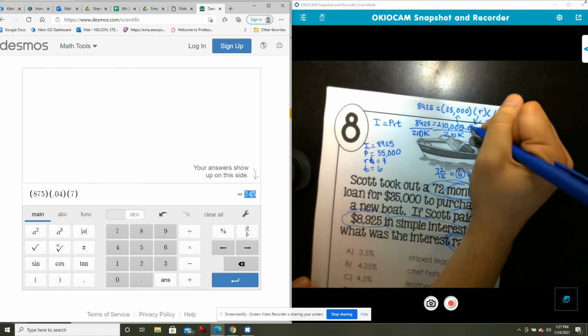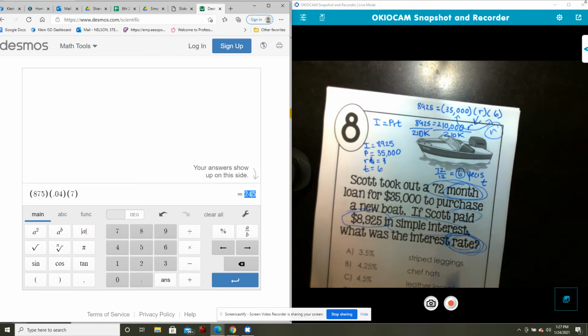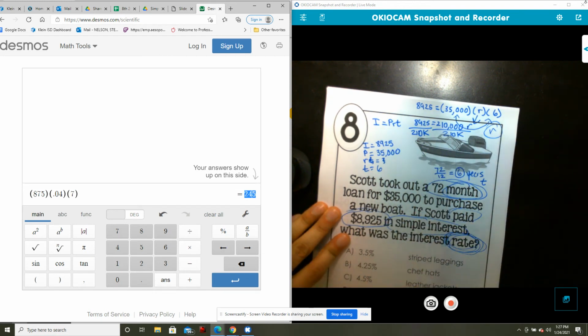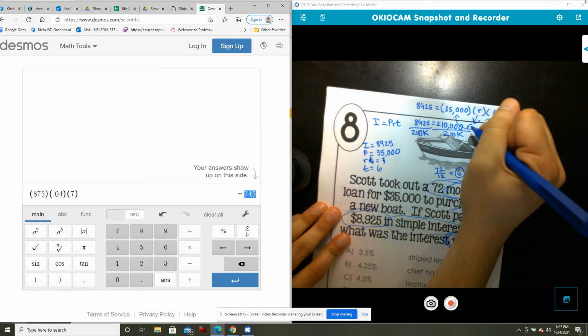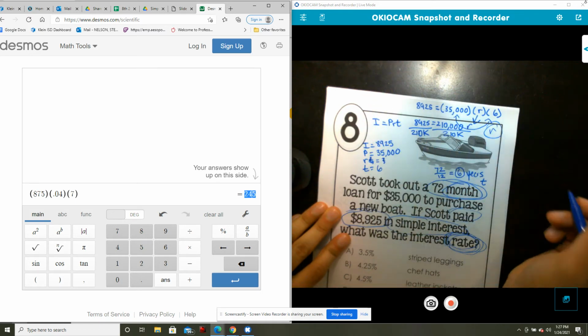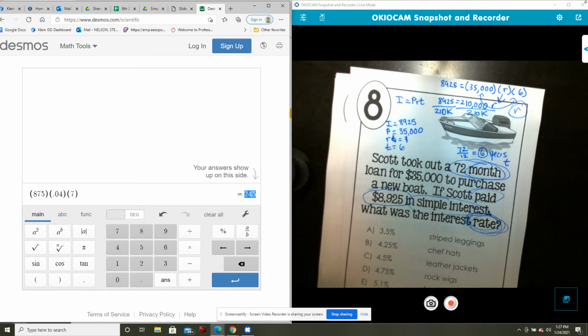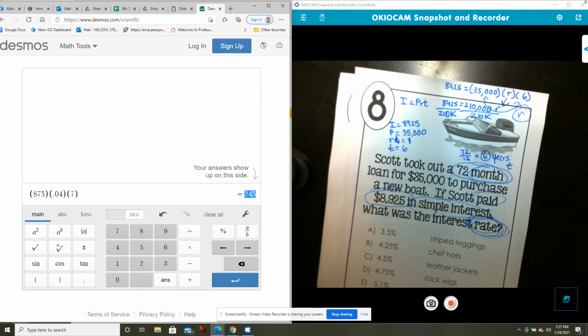And that's what's going to be your r. Now remember, since we're going backwards, you're going to get a number 0.0 something something something. This time you're going to move that decimal point over 2 times to the right. And then that's what's going to be your answer. So remember to move the, let's go ahead and just do it. So 8925 divided by 210,000.